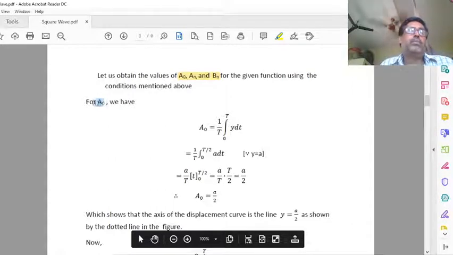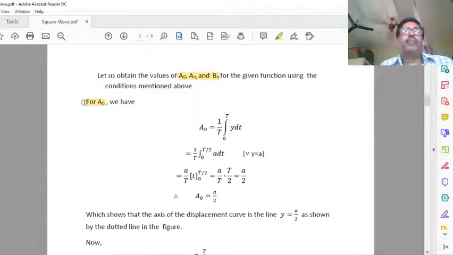First of all, we will obtain A0. As you know, A0 is equal to this one. Here y is the displacement. Already we have discussed y is equal to A for t from 0 to T by 2, and y is equal to 0 for T by 2 to T. That part may be discarded because its value is 0.